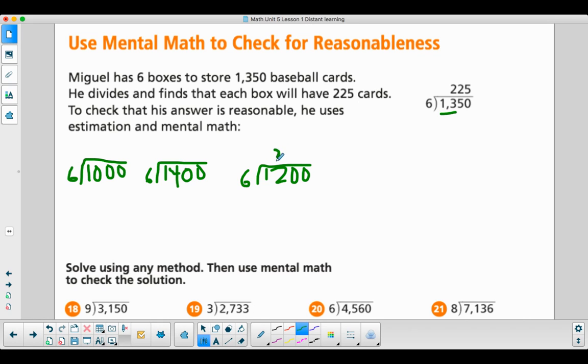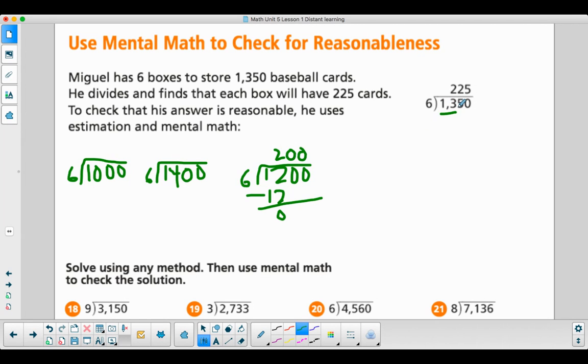Well, there would be 2. 2 groups of 6 is 12. I have 0 left. And I'm going to stop doing this now because, like it says, I can do mental math. I know 1,200 divided by 6 is 200. 12 divided by 6 is 2 in the hundreds.